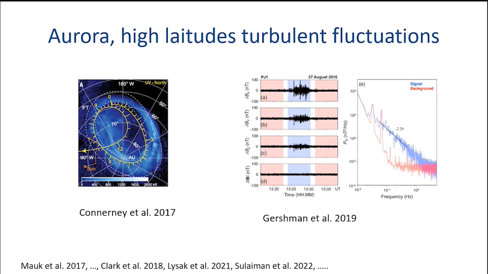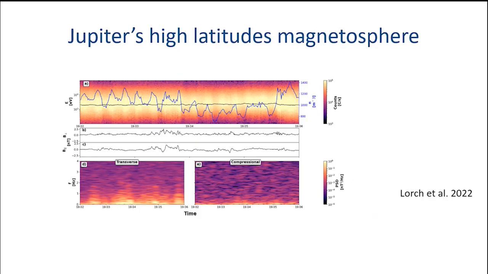They are perpendicular to the background magnetic field, and when power spectral densities are calculated, they are consistent with ion turbulence in the ion kinetic regime, with a slope of -2.3. It has also been observed at slightly smaller latitudes by Loch et al.